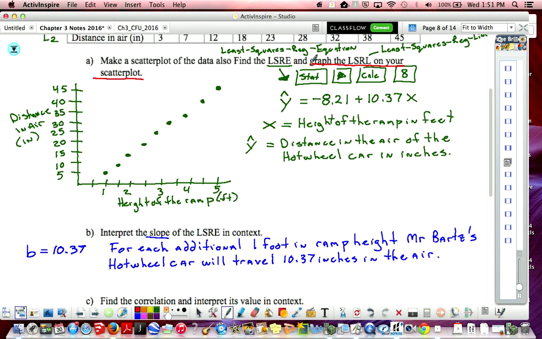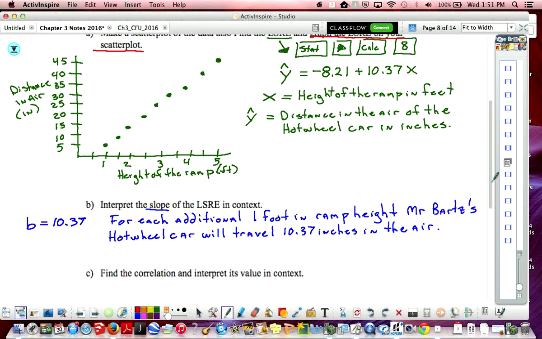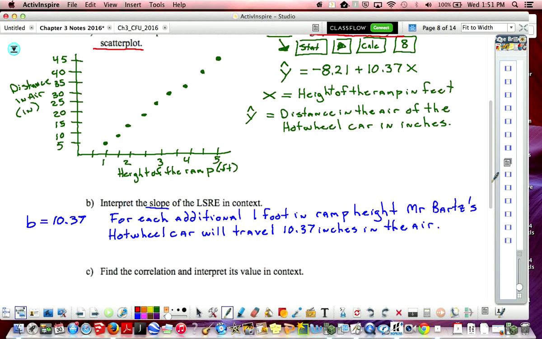Okay? So, first of all, how am I going to graph this? Well, how many points does it take to graph a line? 2 points.